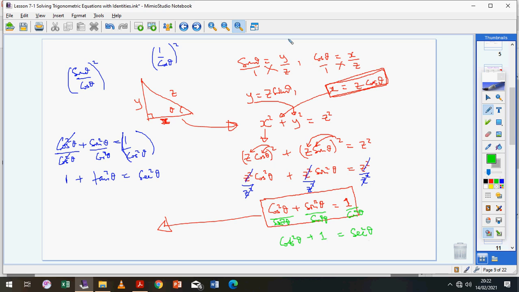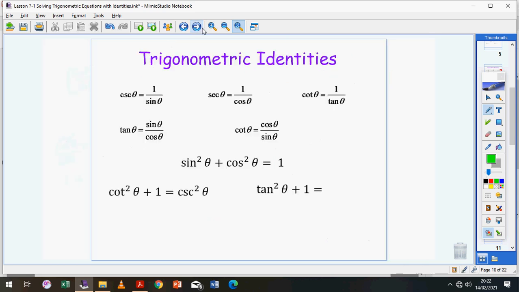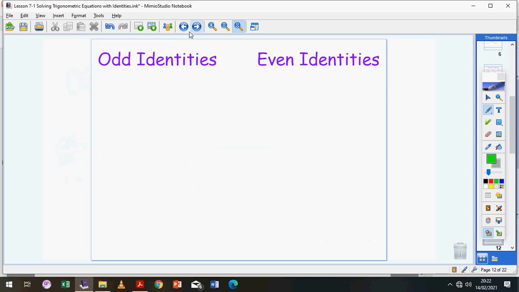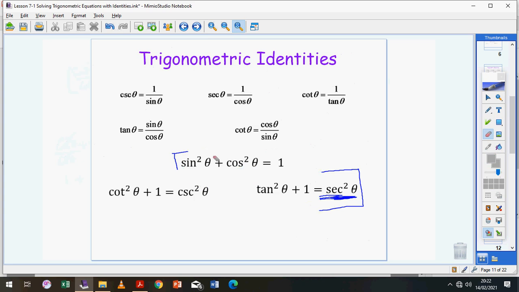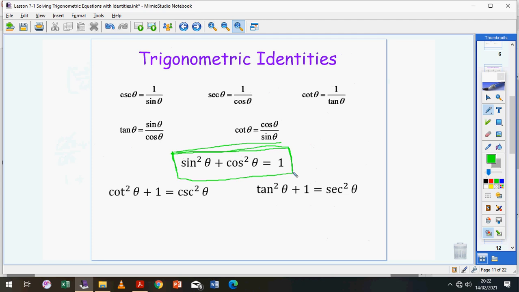So those are the three Pythagorean identities that I have been talking about. Again, emphasizing the one that is very important for you to remember is this one. It's quite easy to remember because sine squared theta plus cosine squared theta is equal to 1. Even make a tattoo of it if it's hard for you to remember.